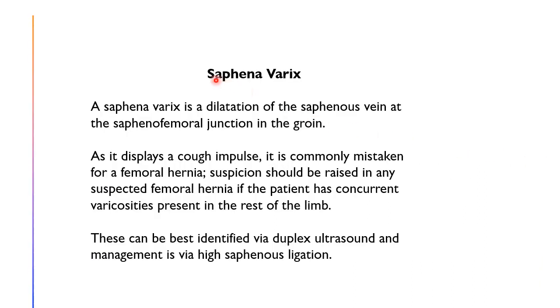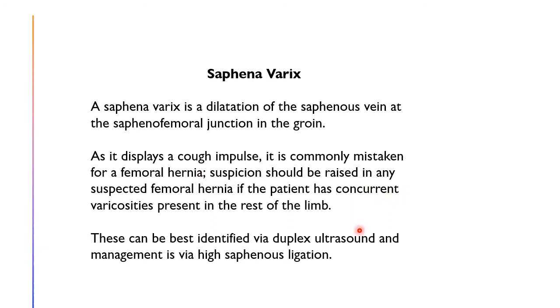A word about saphenous varix. A saphenous varix is a dilatation of the saphenous vein at the saphenofemoral junction in the groin, where the long saphenous vein joins the femoral vein. It may display a cough impulse, which is commonly mistaken for a femoral hernia.